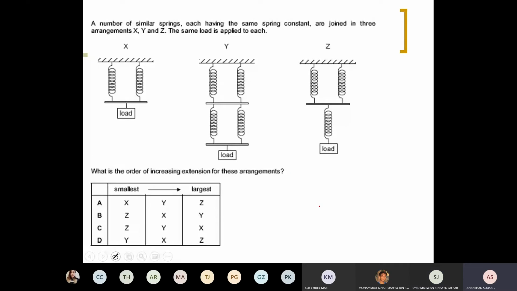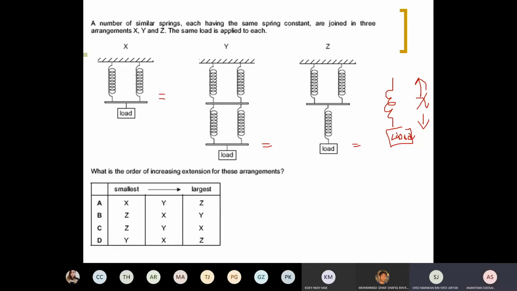Let me get a number. Let me tell you one thing. Let's say I take one spring and put a load on it. The extension it experienced is x. So can you give me the answer? This will be how many x? The first one, the extension is going to be how many x?